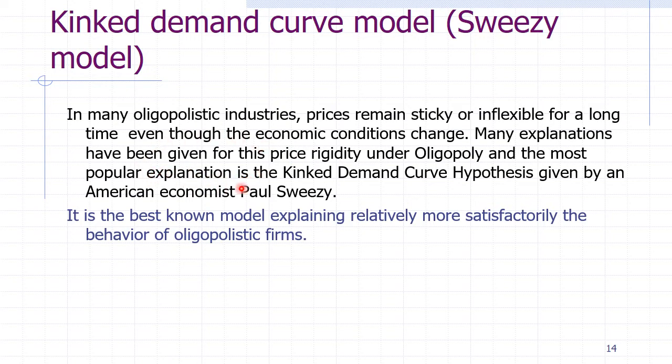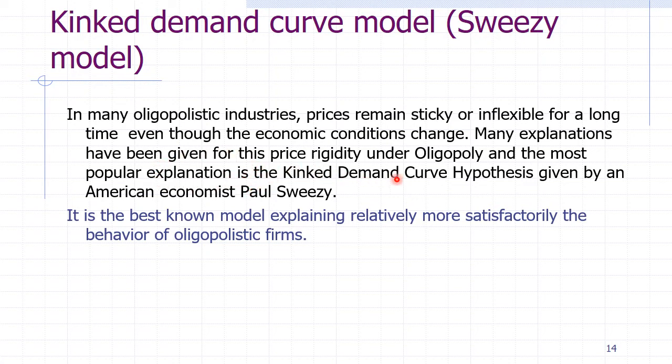We call this feature price rigidity, as when we were discussing the features of the oligopoly market structure, I also mentioned this feature. Price rigidity means their price level does not change for a long time. It is stable or inflexible, right?